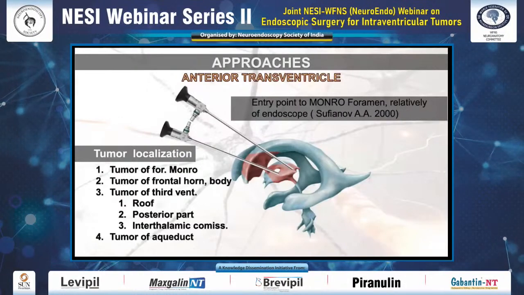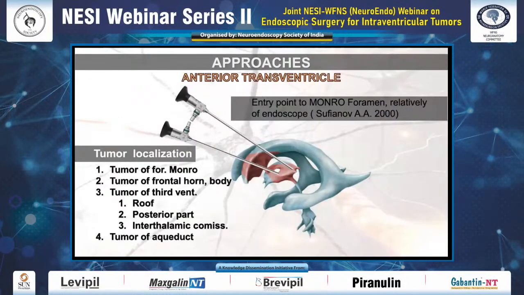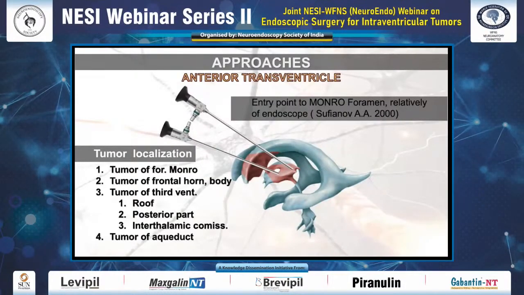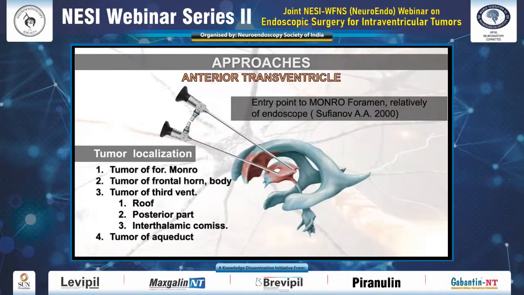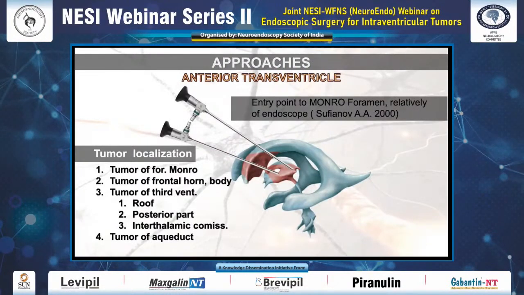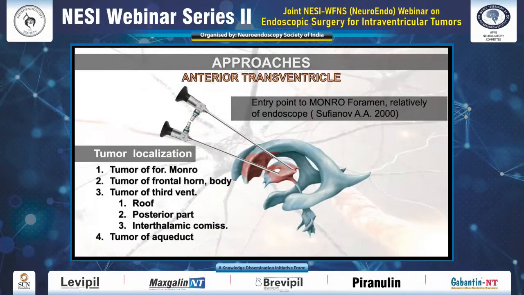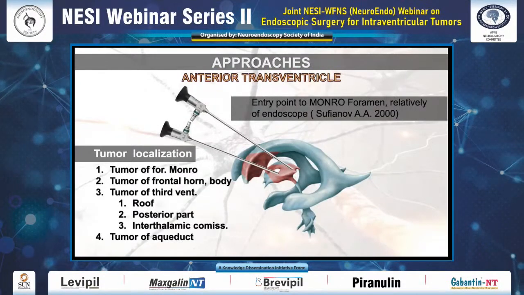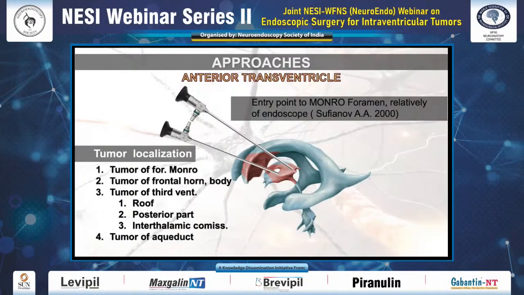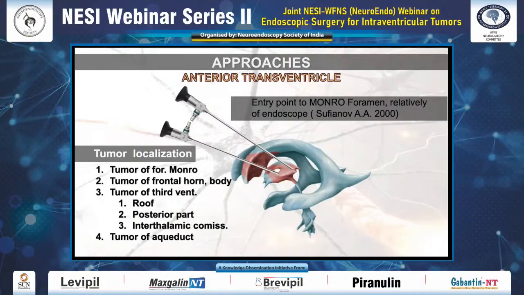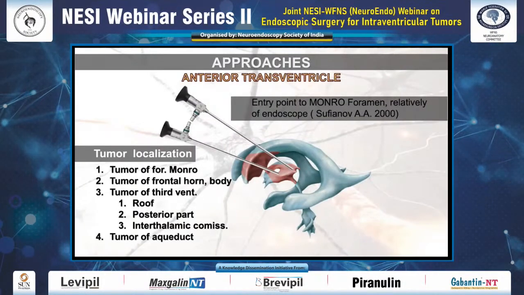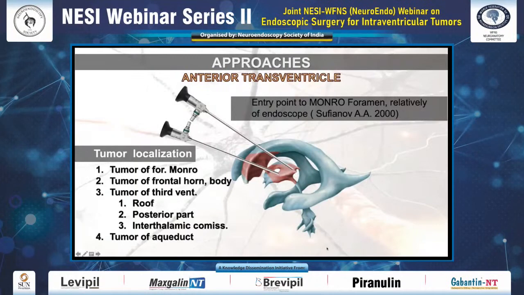Approach: I classify approaches by the entry point, because the entry point to Monro is very important, because we have a rigid bone structure. The entry point is very important to access without any damage to the brain tissue. The main important one is the anterior transventricular approach.